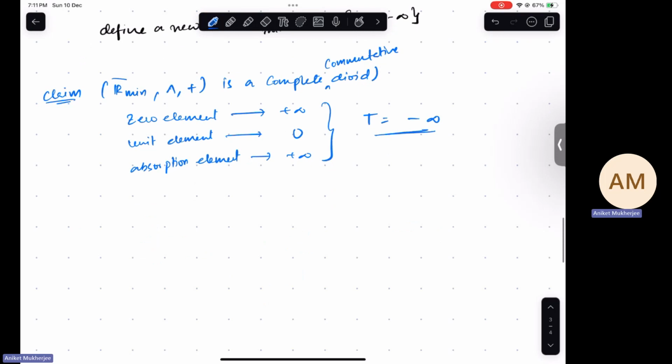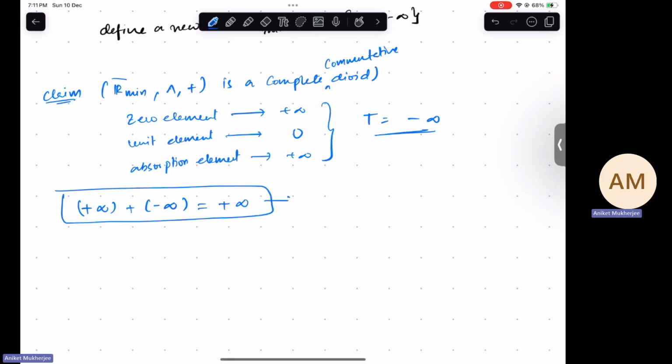But we need to define one more thing, because what happens if you want to add plus infinity and minus infinity, right? We want to define it beforehand that this is valid. In the normal algebra context, this is undefined, right?